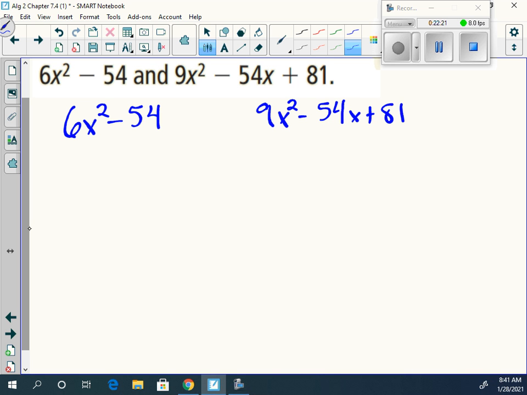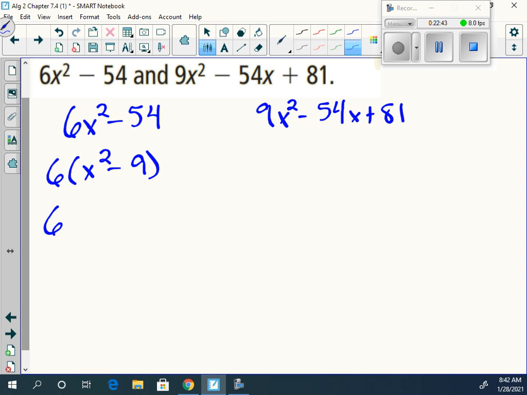So we have a greatest common factor of 6 over here, because 6 will factor out of 6x squared, and 6 will factor out of 54, leaving us with 9. Now, x squared minus 9 is a difference of perfect squares, yes?